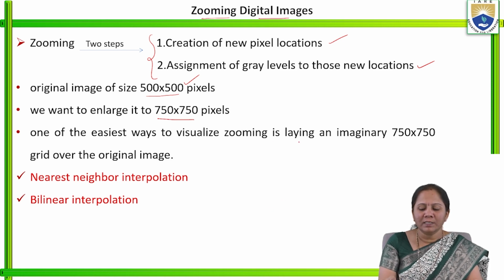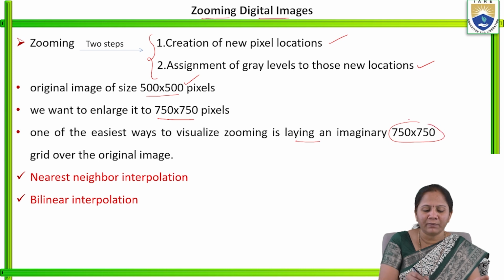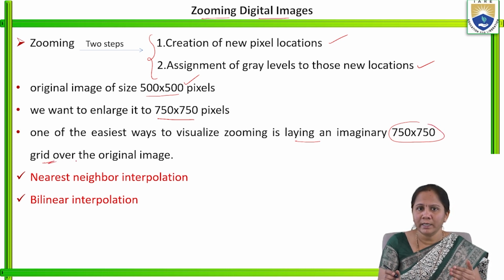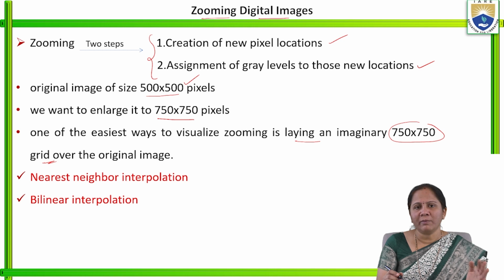One of the easiest ways to zoom is to take this 750 by 750 grid and place it on the 500 by 500 grid. After that, some of the pixels will match and some new pixels will be generated, and to those new pixels we have to assign new intensity values.